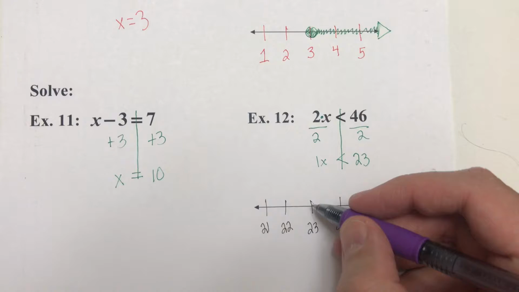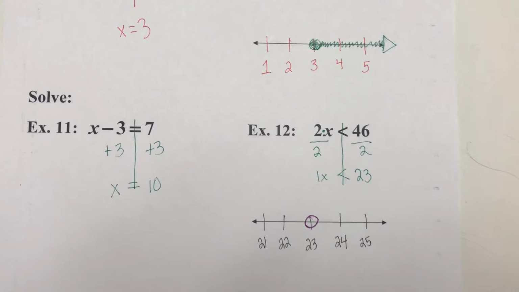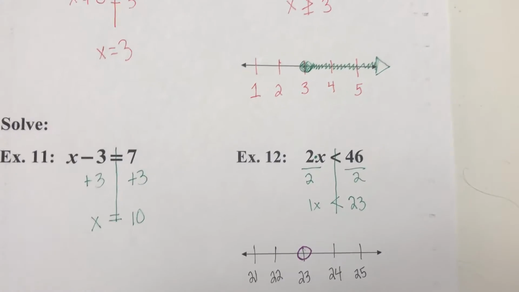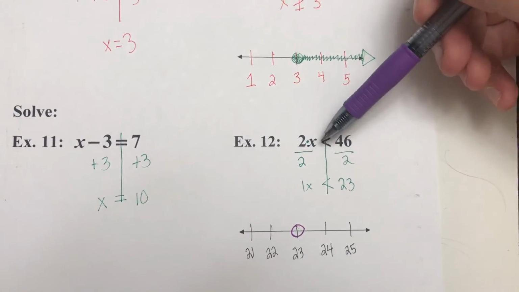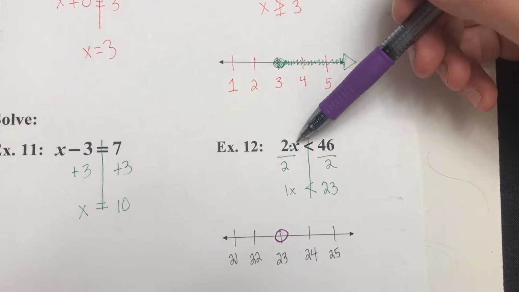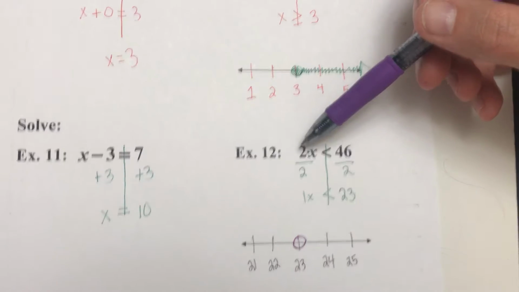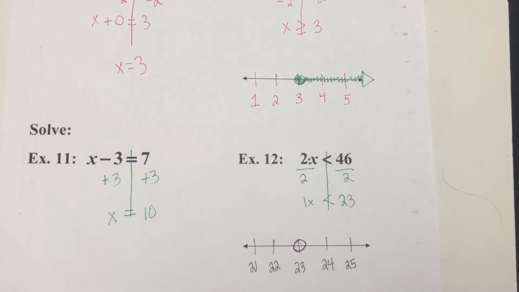This time our solution was at 23. We'll put a circle, but we will not fill it in. If we were to check the number 23 in our original, 2 times 23 is equal to 46, and that would give 46 is less than 46. That's not true.